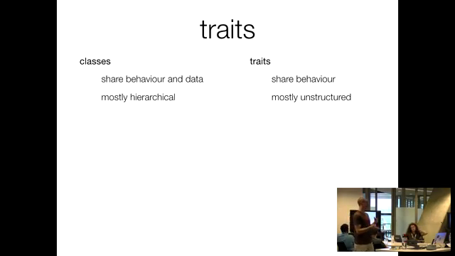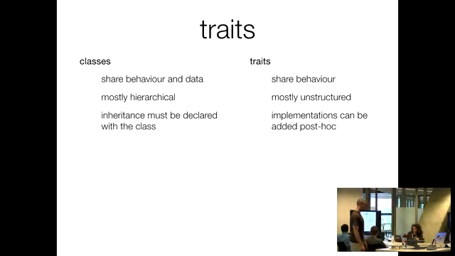It is possible that you have some kind of inheritance between traits in Rust, but it's the exception rather than the rule. And in general, you compose behavior without inheritance. So it's more of an unstructured blob of behavior sharing rather than a hierarchy.